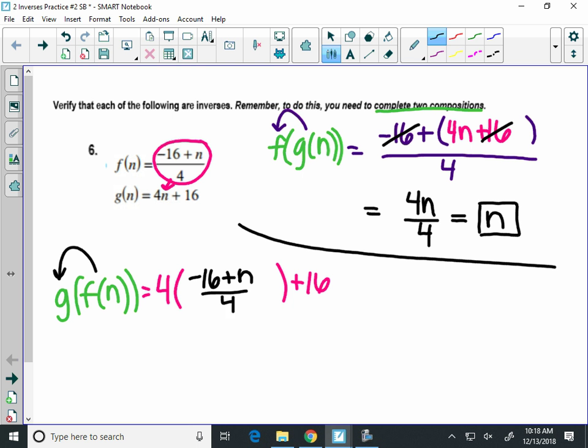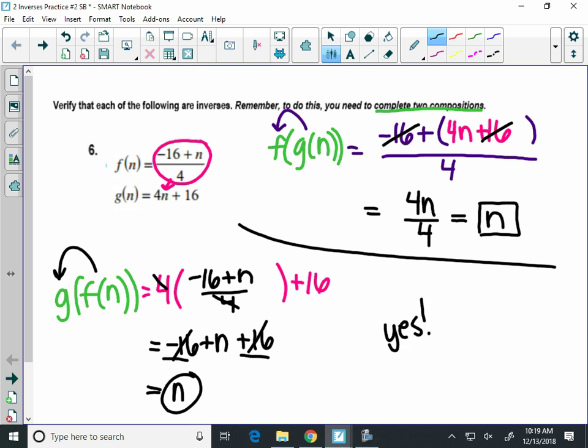Now here, I can cancel off these 4's right away and make that negative 16 plus n plus 16. Well, notice negative 16 plus 16 adds to 0, so that composition equals n. Since both compositions equal n, you can say that yes, these are inverses of each other. That's our goal.